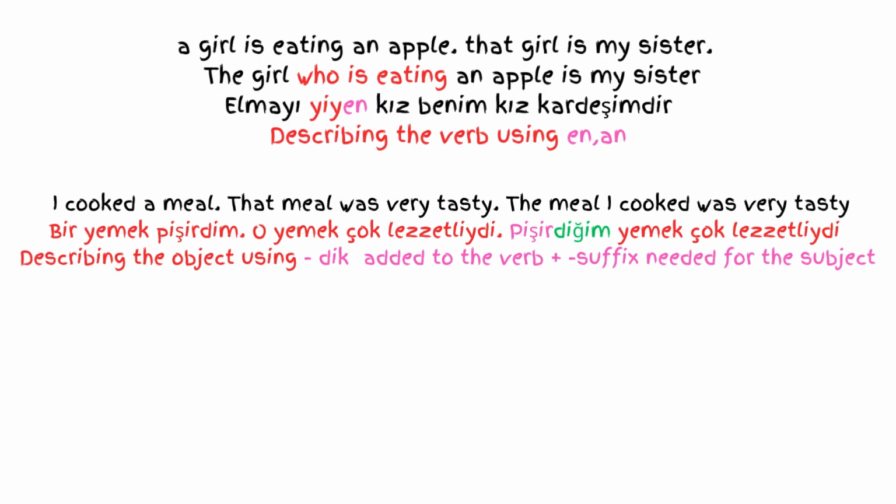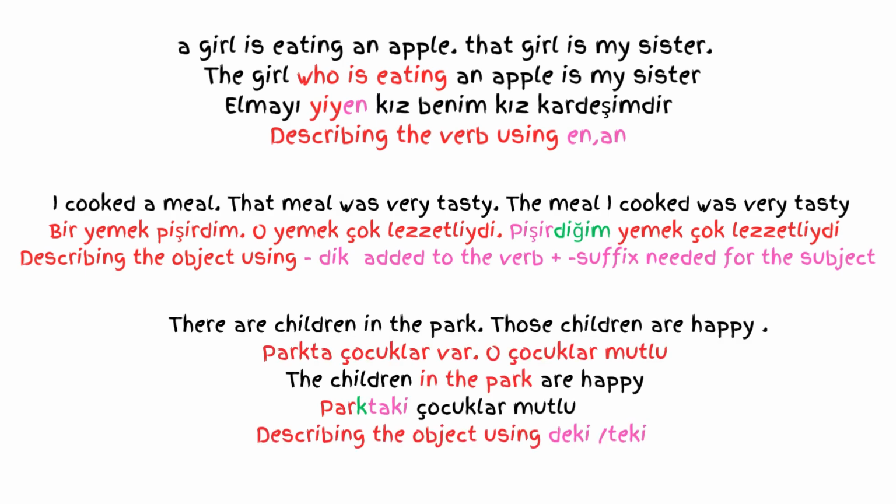Now, the last scenario, when you want to describe the place, like when we say, there are children in the park. Those children are happy. Combining them together, describing the place, the children in the park are happy.